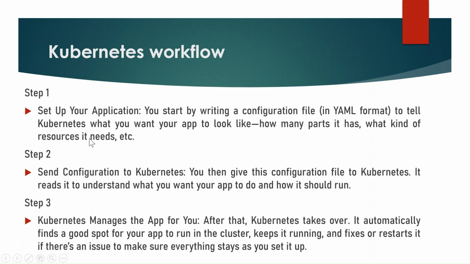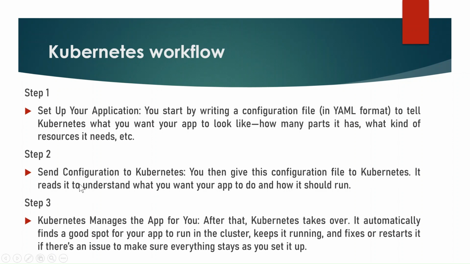The second step is to send the configuration to Kubernetes. After setting up your application and writing your configuration file, you give this configuration file to Kubernetes, so it can read it to understand what you want your application to do and how it should run.